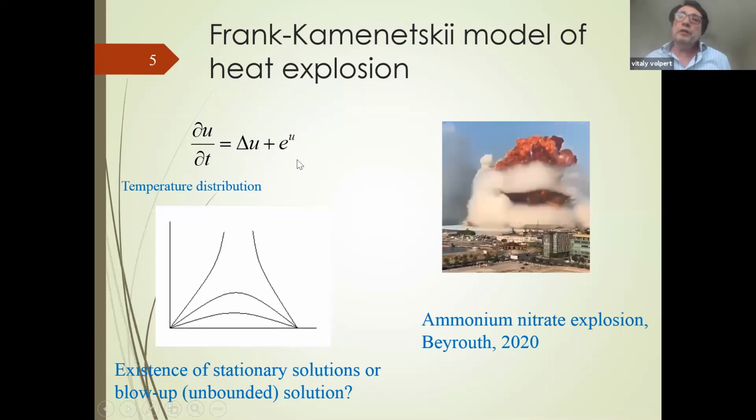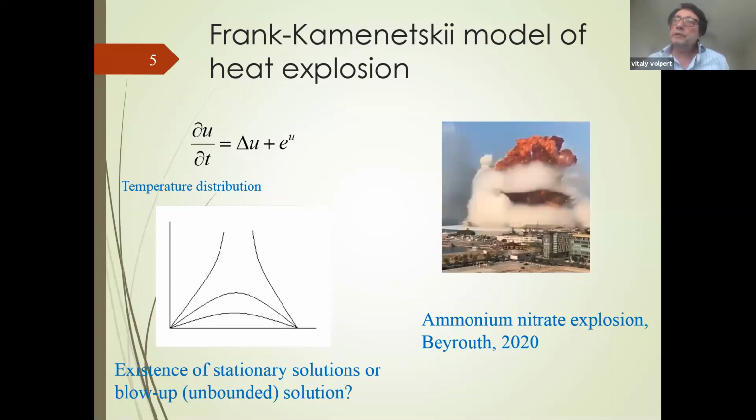And from the mathematical point of view, we study here existence of solutions, stability of solutions, and bifurcations of solutions. But I think it's a very good example to show how mathematical equations are related to reality. In particular here, if this equation doesn't have a stationary solution, then the temperature will have unbounded growth and it will lead to heat explosion. So we have here a very clear direct relation between mathematical results and physical applications.